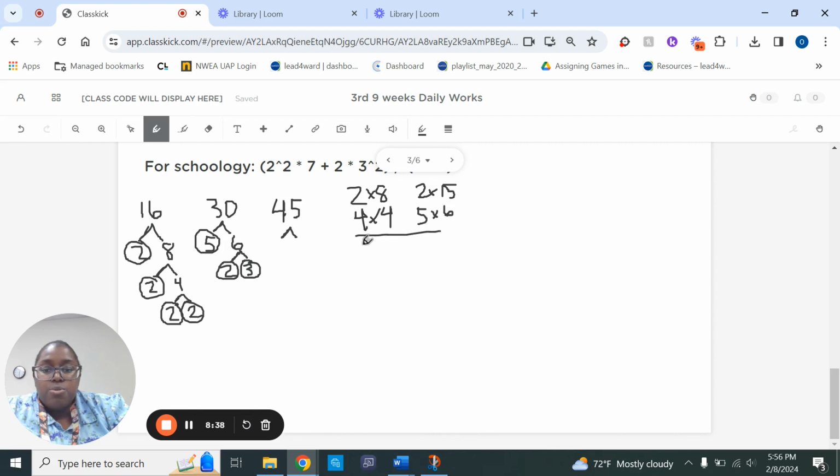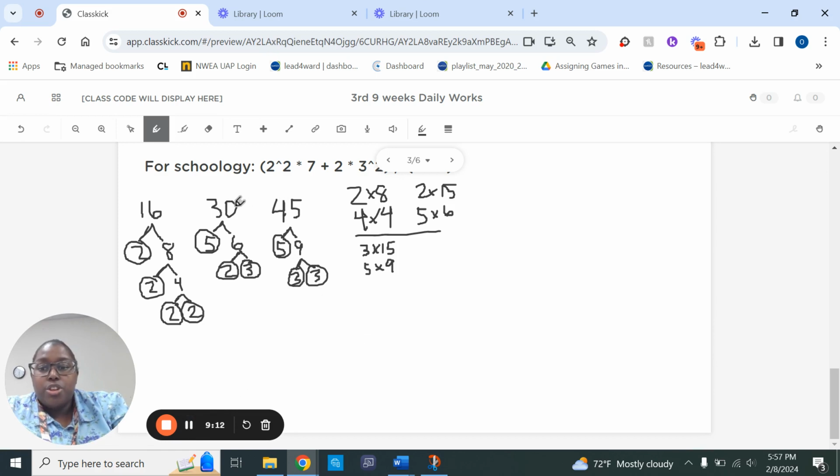For 45, I can use 3 times 15 and 5 times 9. Once again, I already told you I like 5s, so we'll be using 5 and 9. 5 is prime, 9 is not, so that gives me 3 and 3. And I already know that 3 is prime. So I'm done with 45 also.